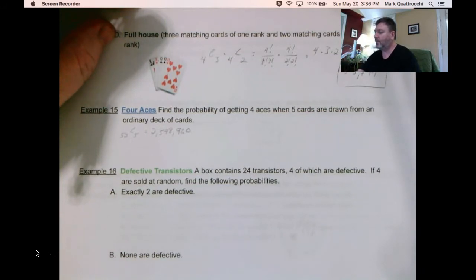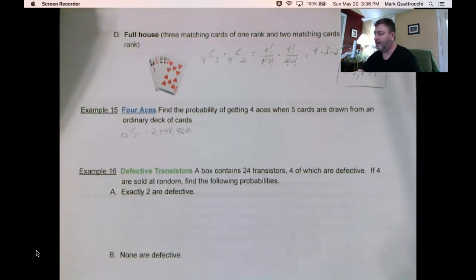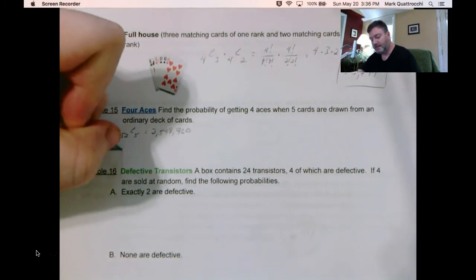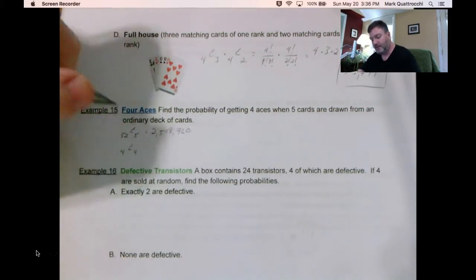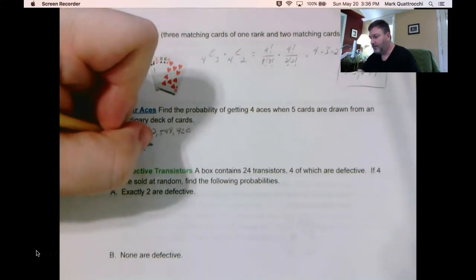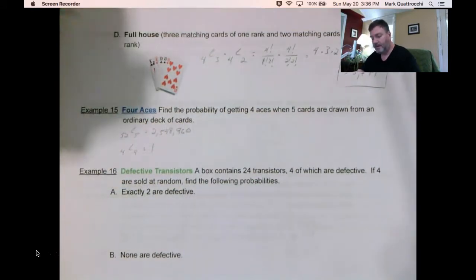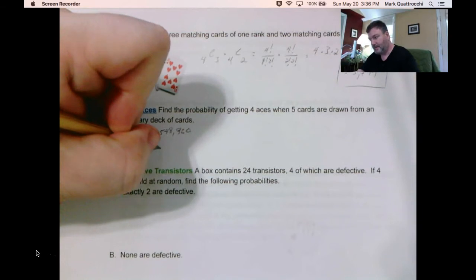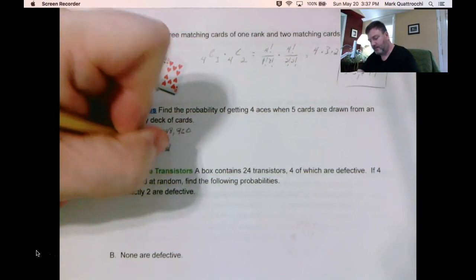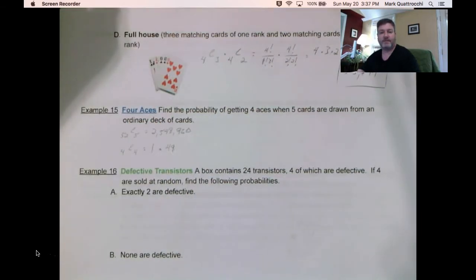There's one way to get 4 aces. 4 choose 4 is 1. But then there are 48 5th cards left, times 48 5th cards, right?